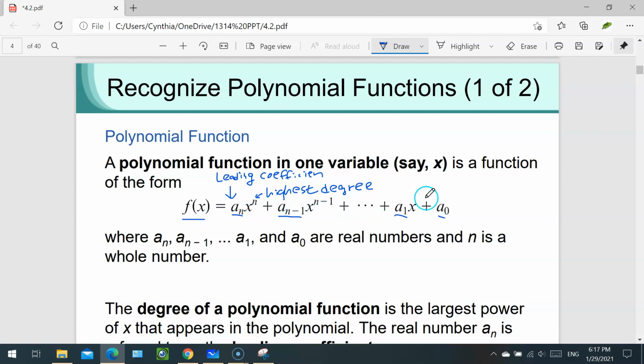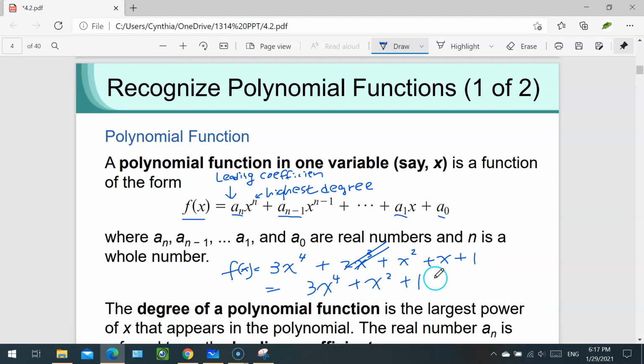For example, the highest degree power of the function is, let's say, power 4, and then the following terms are x to the power 3, x squared, x, and then a constant term. Sometimes you might have a term missing. That is okay. We can have 3x to the power 4 plus x squared plus 1. This is a polynomial function as well, as long as it has that descending order pattern.